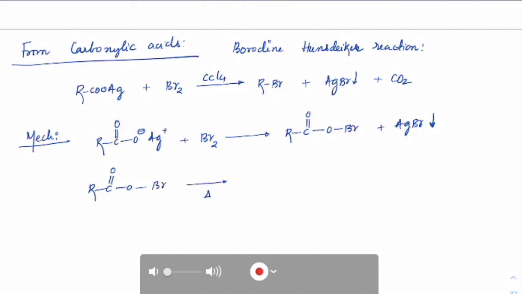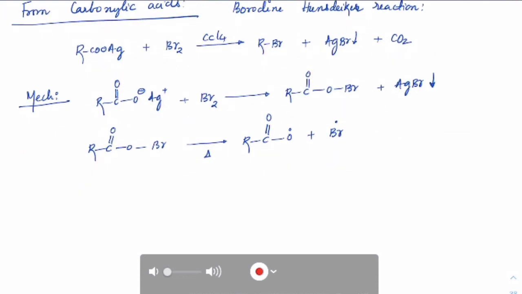On heating, this will undergo homolytic fission to give RC double bond O dot plus Br dot. And this RC double bond O dot radical is an unstable form, so it will pull one electron from oxygen and one from carbon and becomes R dot and CO2.